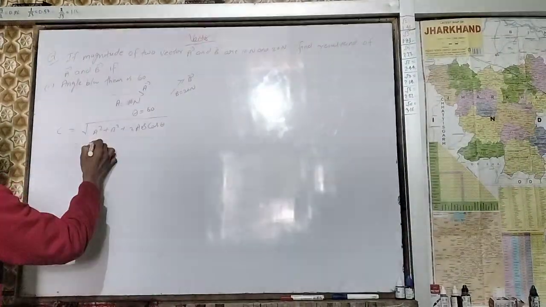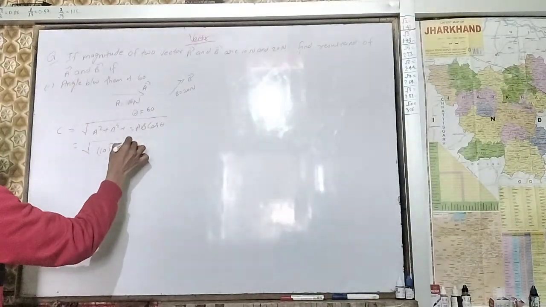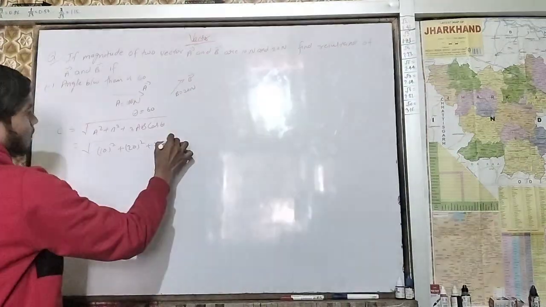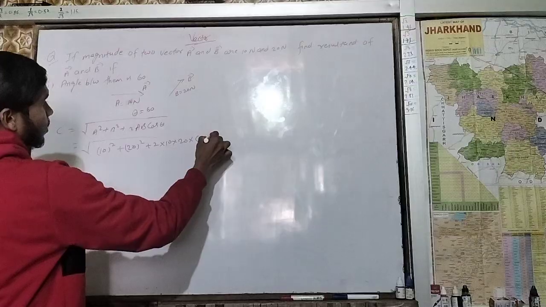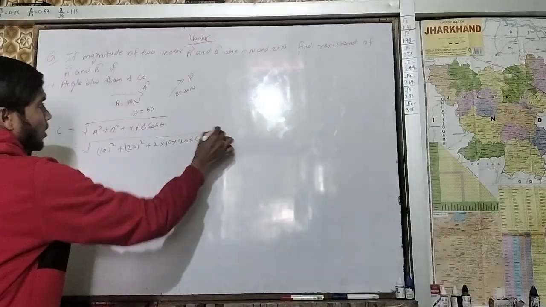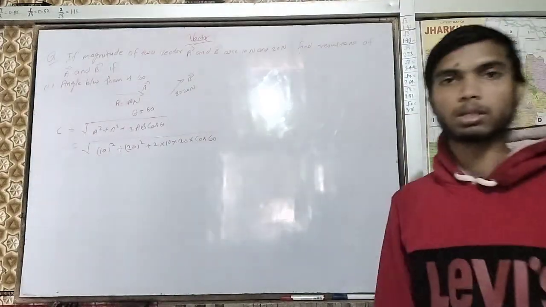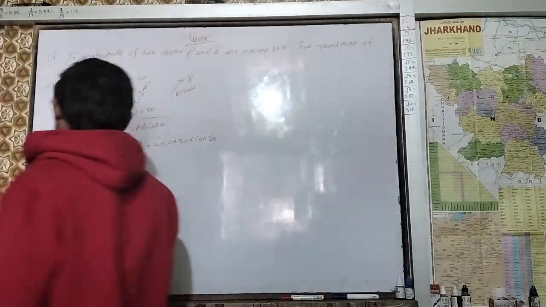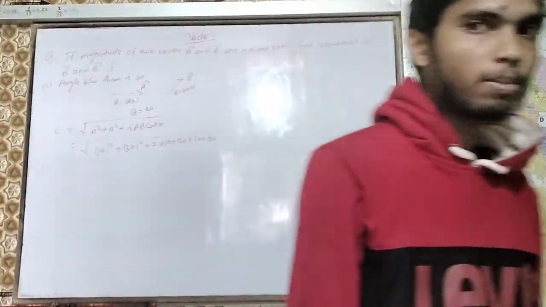A is 10 raised to power 2, B is 20, 2 multiplied by 10 multiplied by 20 multiplied by cos theta. Theta is given, which is 60 degree. We are using this formula because the question is asking for the resultant of these two given vectors.